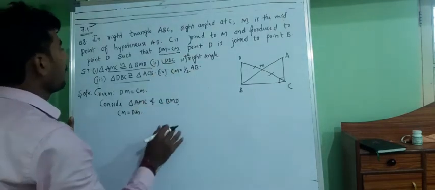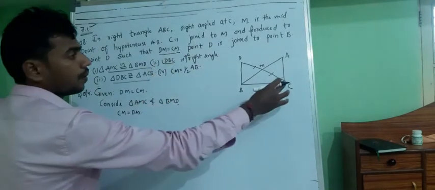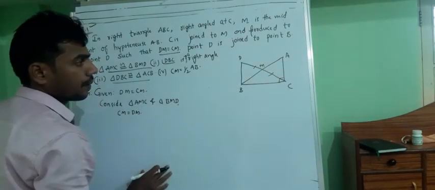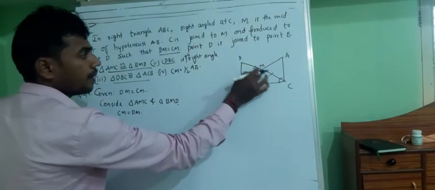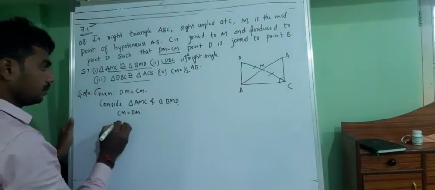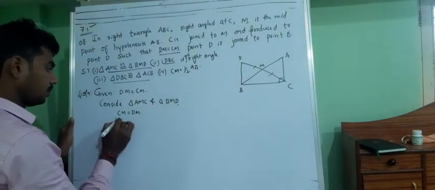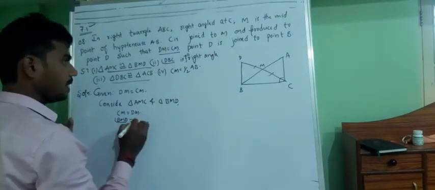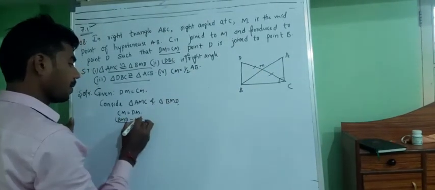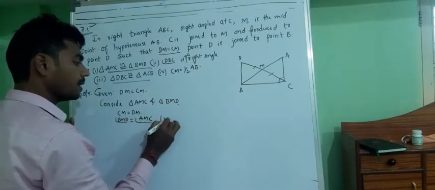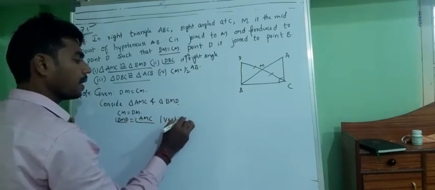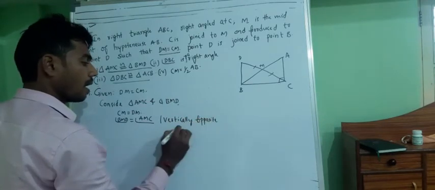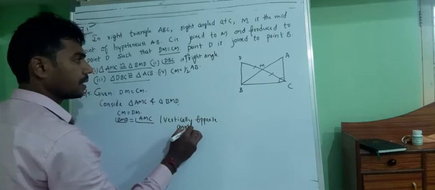Next, look at this. CM is equal to DM. Angle BMD is equal to angle AMC. Why? Vertically opposite angles.